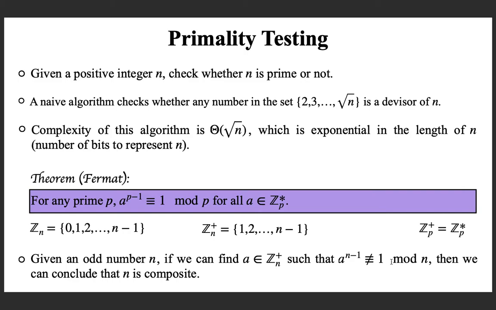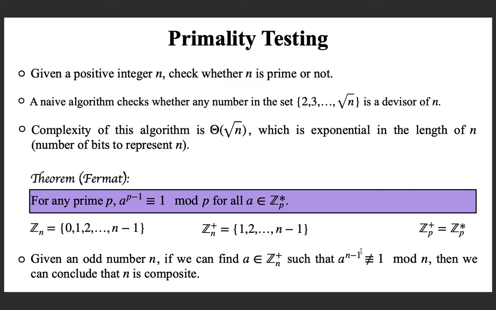So if you can come up with a number a such that a to the power n minus 1 is not congruent to 1 mod n, then you can conclude that n is a composite number. So this is giving you another logic for solving primality checking.